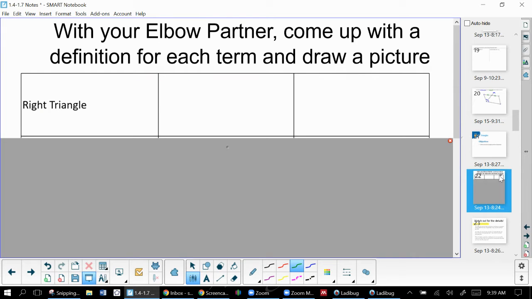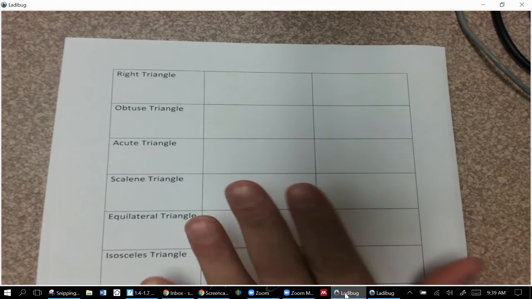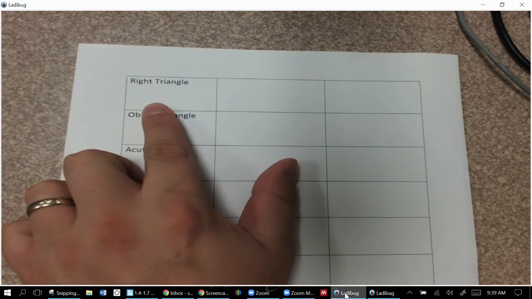So it's going to look a lot like this. I'm going to switch over to the document camera here so I can draw a little easier. So we're going to start off with a right triangle.